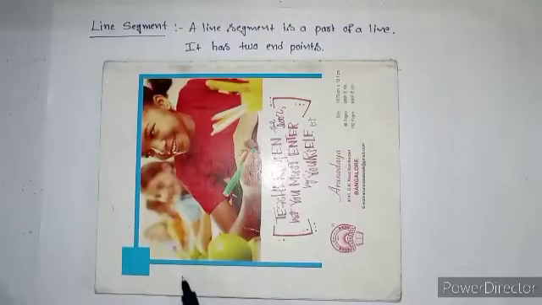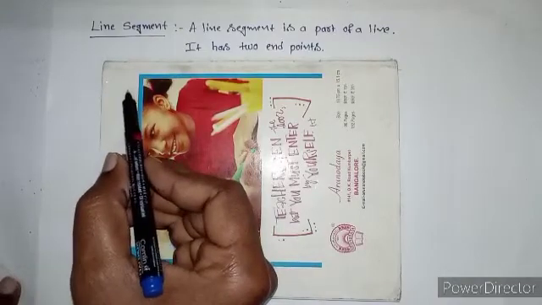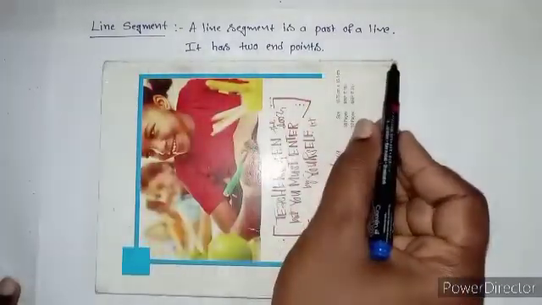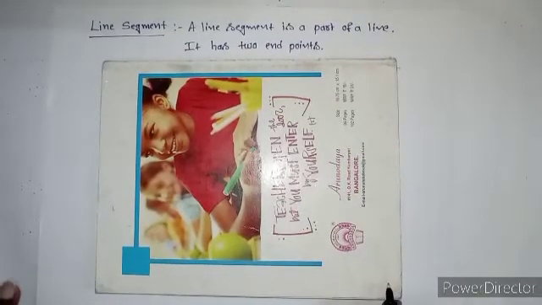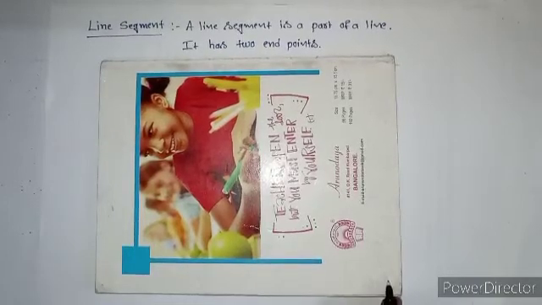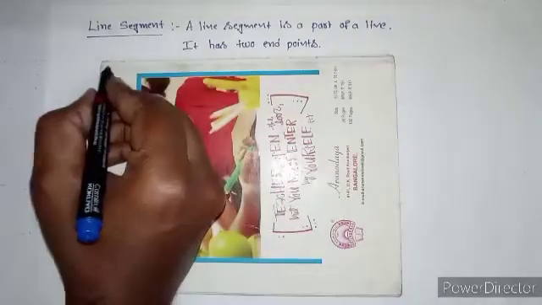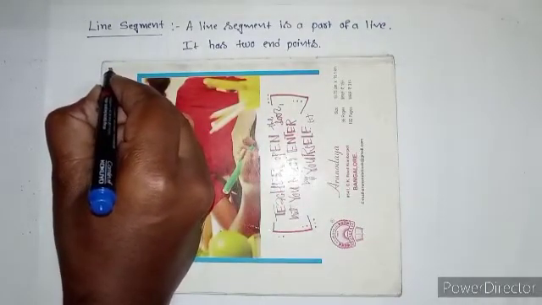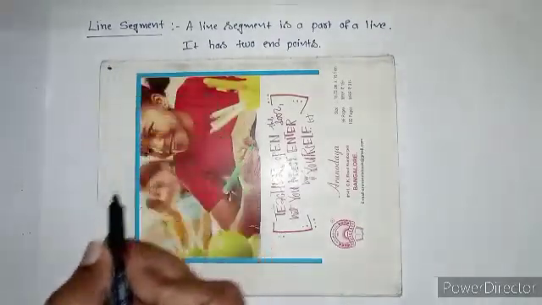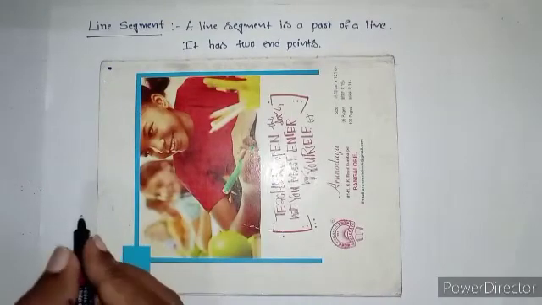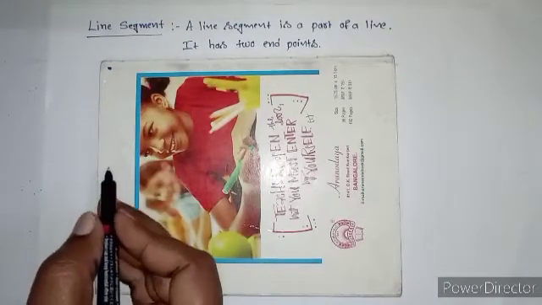Here, the edges of a book can be considered as line segments. This is one edge, this is one edge, this is one edge, and this is one edge, right? The edge has a fixed starting point and an ending point also, and hence it is a line segment.